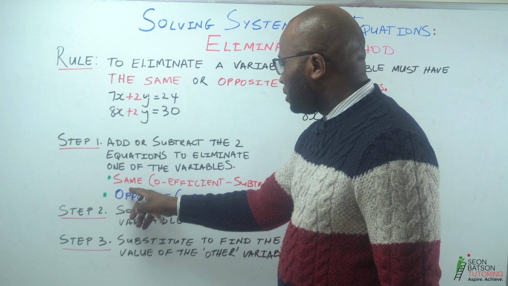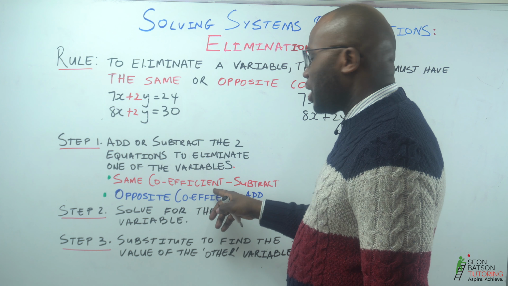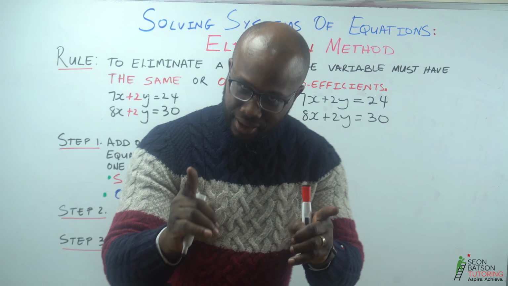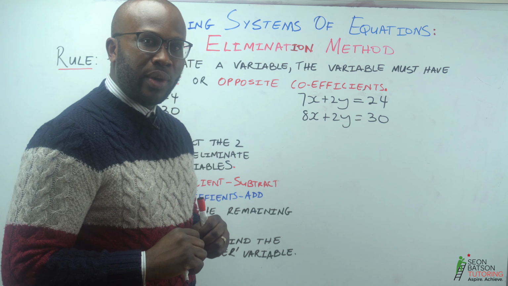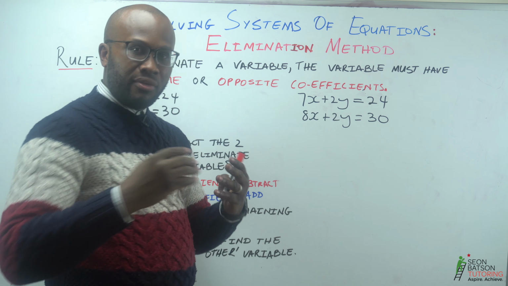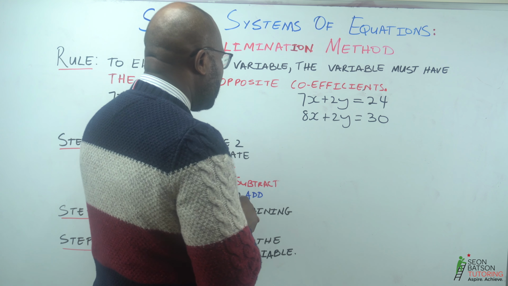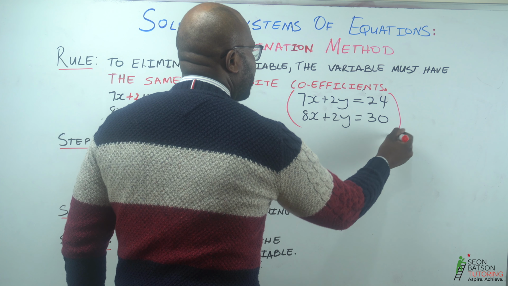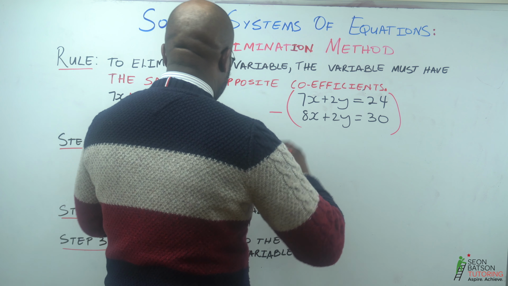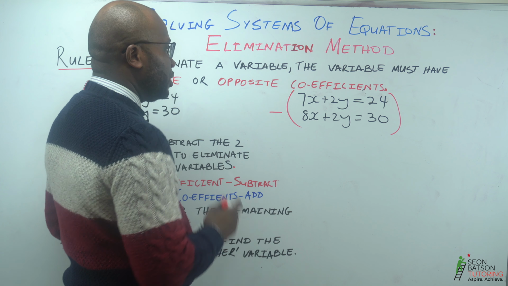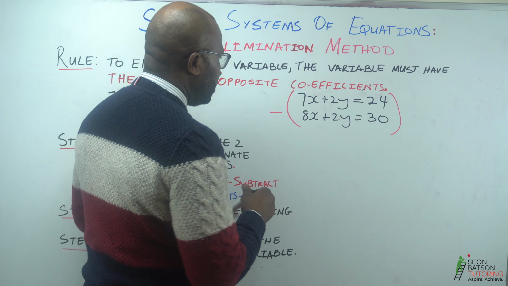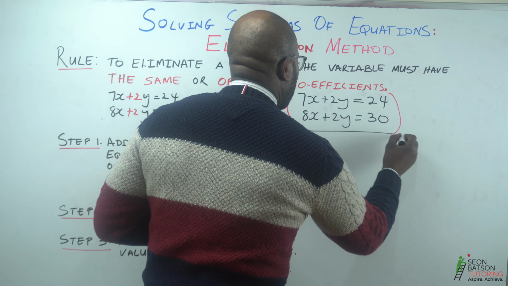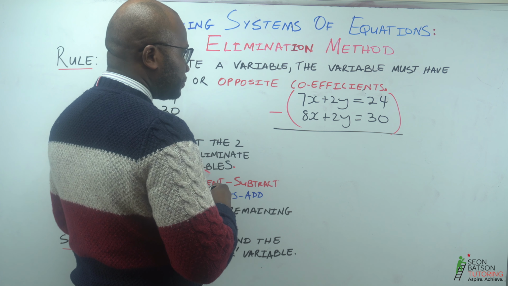When the coefficient is the same, we are going to subtract the two equations to eliminate the variable. So the first step will be to subtract. So I give you all the rules and everything you need to know in order to master this. So let's go ahead and subtract the two equations.